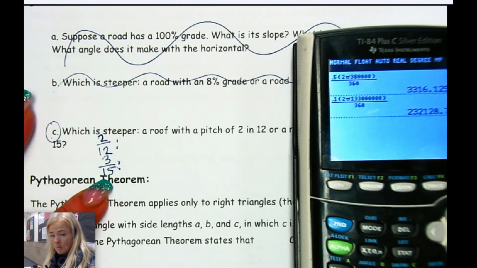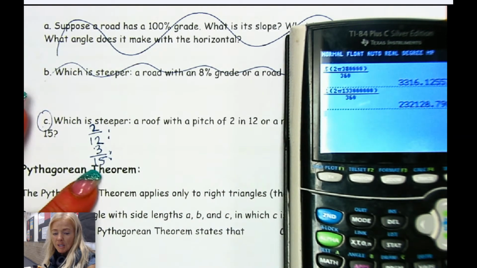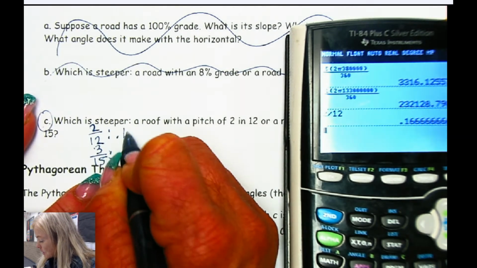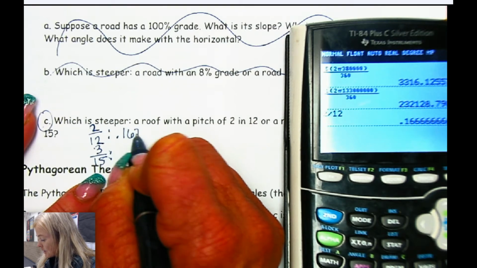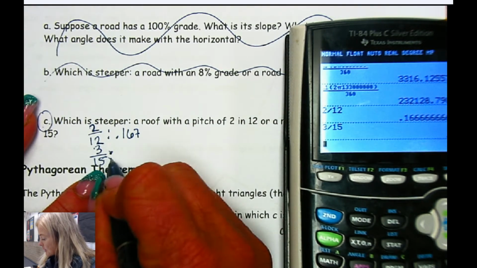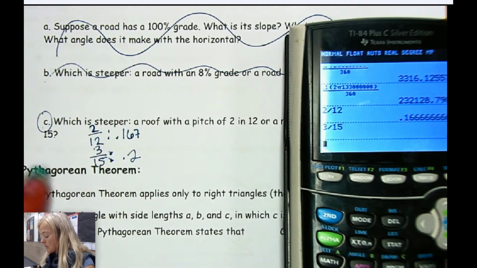So in order to compare them, we need to put them in the same form, which I'm going to put in decimal form because that'll be a little bit easier. If you take 2 divided by 12, you would get a slope of 0.167. And then 3 divided by 15 will give you the decimal slope, 0.2, of the second roof.